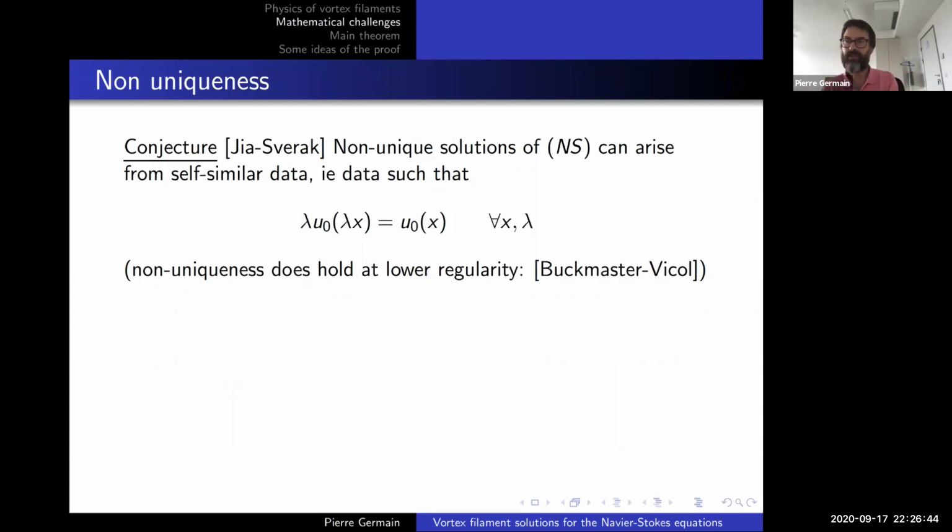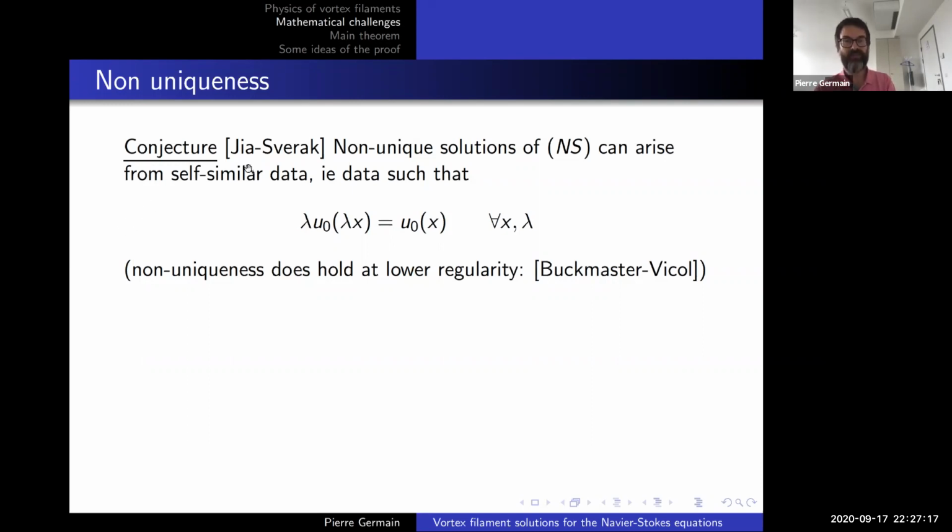So you can not just apply a naive fixed point argument or a perturbative argument. So this remains a conjecture. Of course, non-uniqueness does hold, as was proved by Buckmaster and Vicol for the Navier-Stokes equation, but it's at a much lower regularity, something like L2 instead of H1/2.